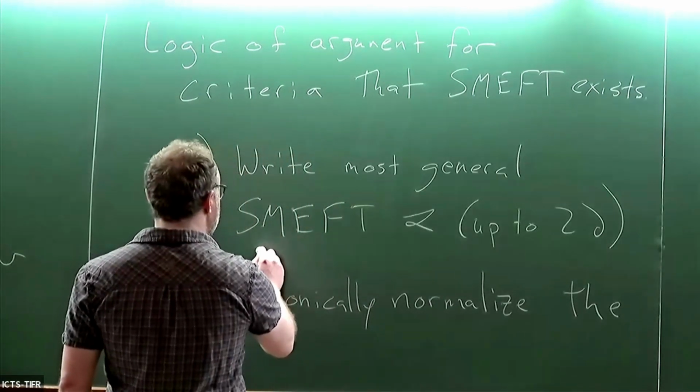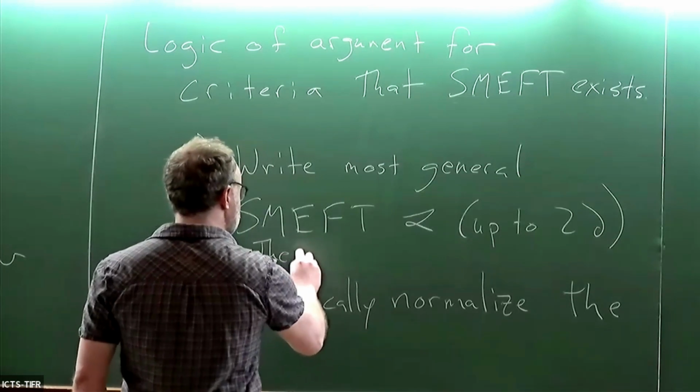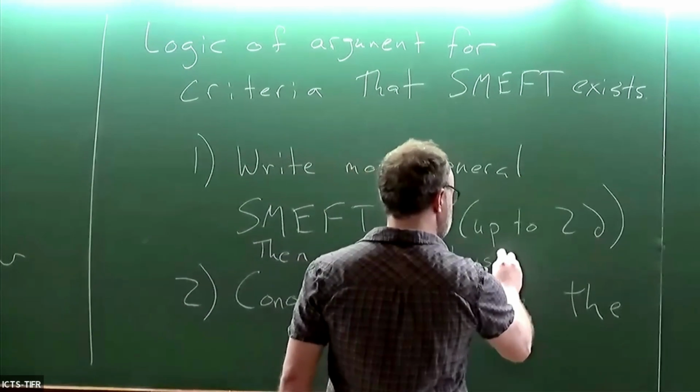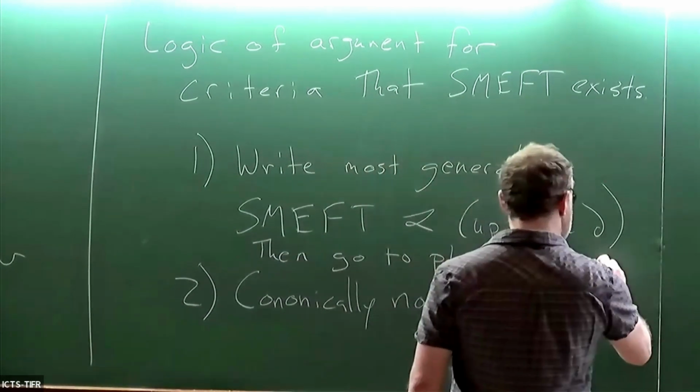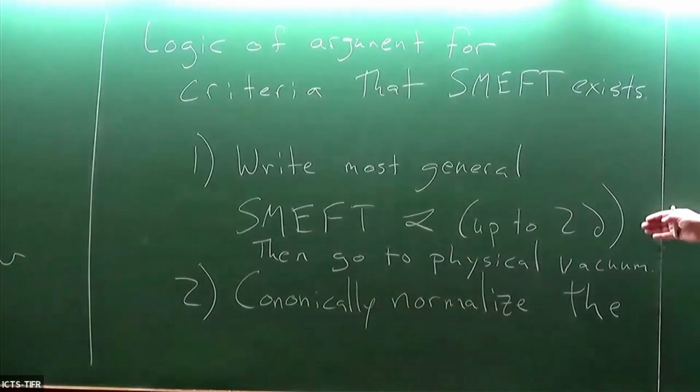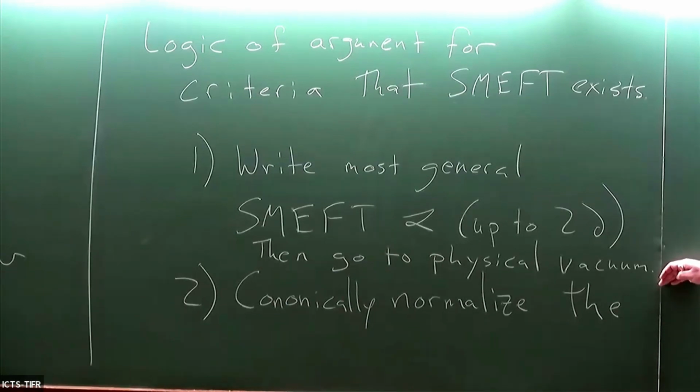Then we go to the physical vacuum. We take the SMEFT Lagrangian and plug in the map that I presented on day 1, which takes us to the physical vacuum. This is what we always do with the standard model. So our variables are h and pi, or n.